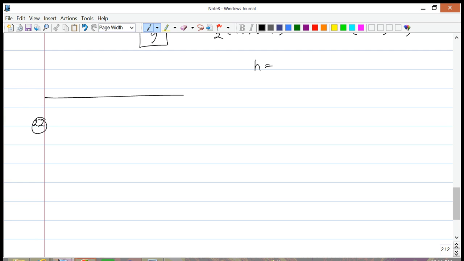Okay, so problem 21 is a repetition of this one. So let's do 22. In 22, what's happening is a block of mass 150 kg is moving with a speed of 12 meters per second to the top of a 20-meter high hill, and we have to find the speed at points A and B, and we also have to find the height h.